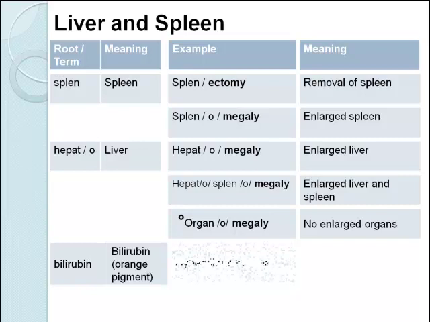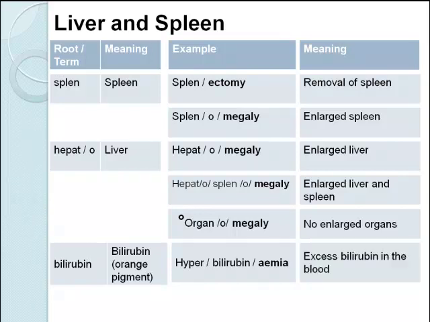Let's have a look at a word. Hyperbilirubinemia. Let's break it down. Emia is our blood condition. Bilirubin relates to this orange pigment, and hyper means excess or too much. So it literally means excess bilirubin in the blood or a blood condition of excess bilirubin, however you like to say it.